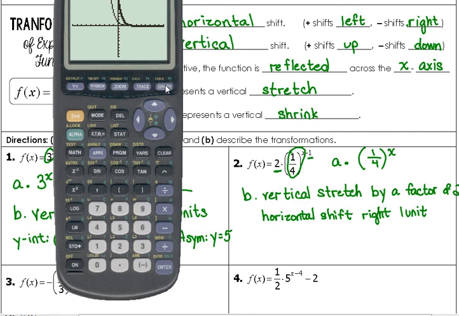It's a little bit harder to see. On this one, when you shift and stretch, it's harder to see, but you can definitely see that it's further to the right.